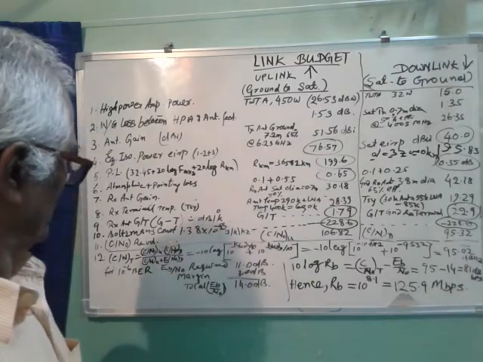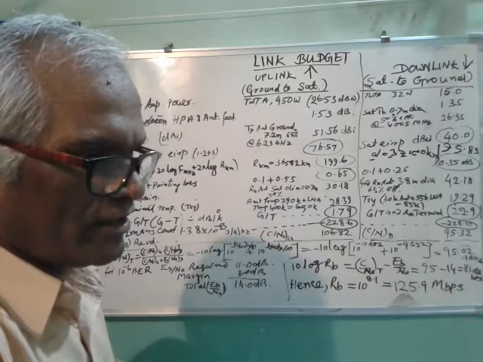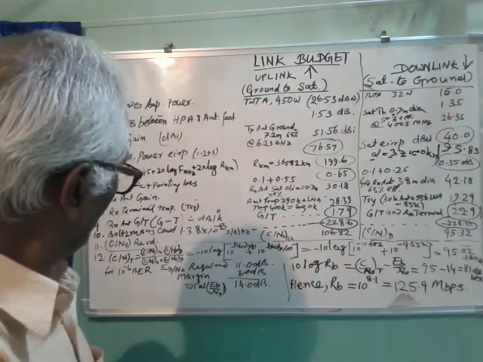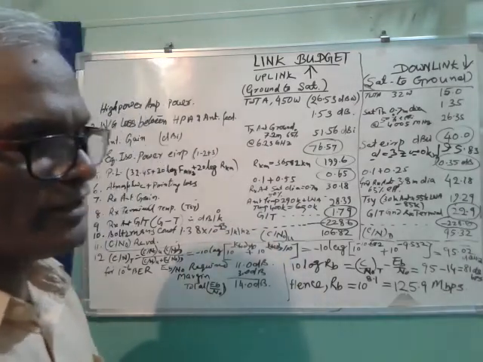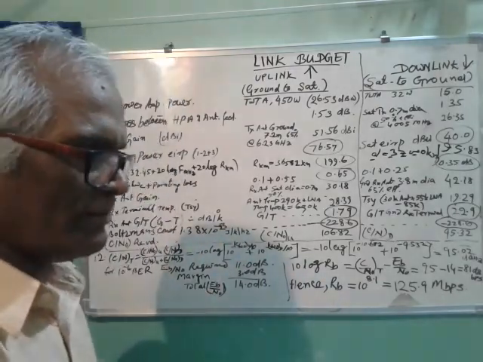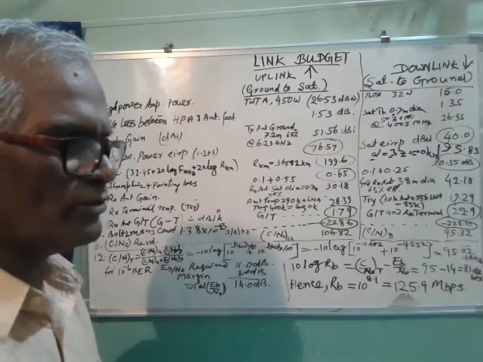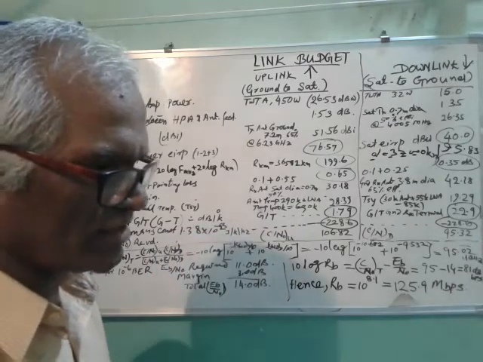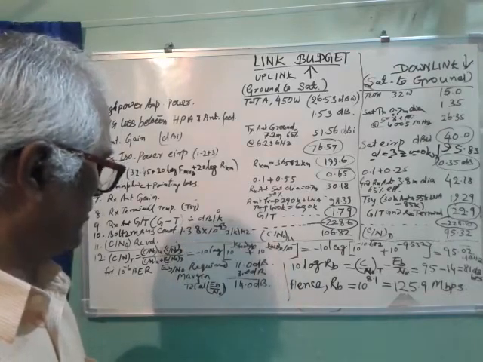Eb by N naught for any processing demodulator, say for 10 to the power of minus 6 bit error rate, Eb by N naught required is 11 dB. And always we have to keep some margin. It is a C band, so we will keep only 3 dB margin here because rain will not have much impact. But the 3 dB will cover any equipment degradation or atmospheric disturbance.